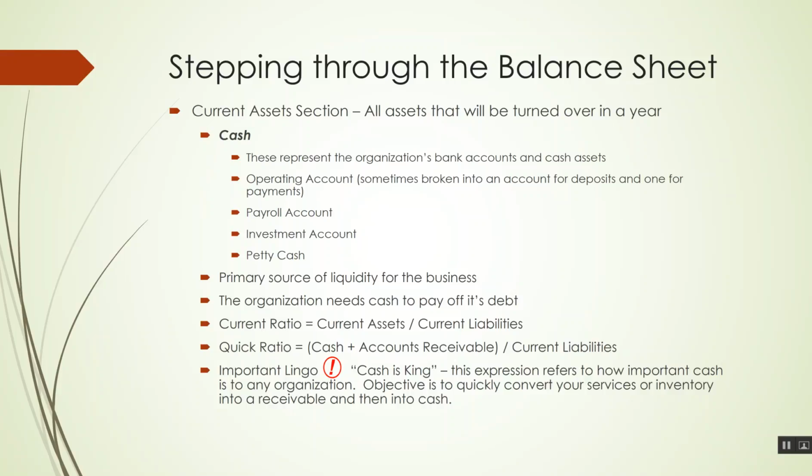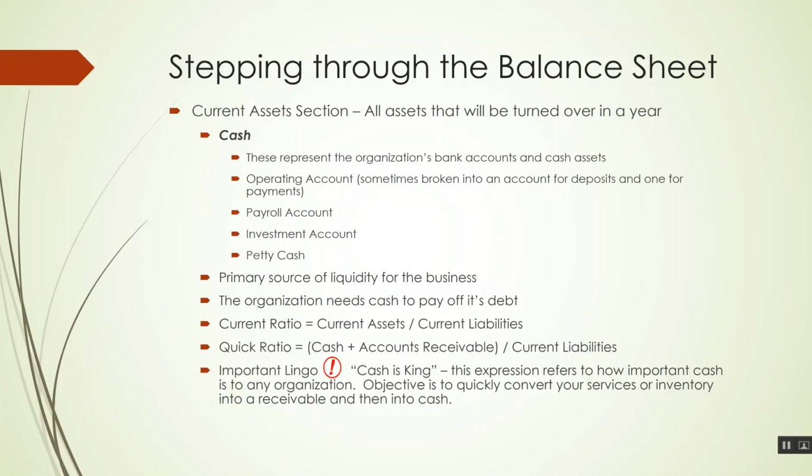Okay. Cash is very important to the organization because it represents the primary source of liquidity for the business. So the business wants to have a strong cash position so that it can be in a comfortable spot to pay off all the debts that the organization is incurring.